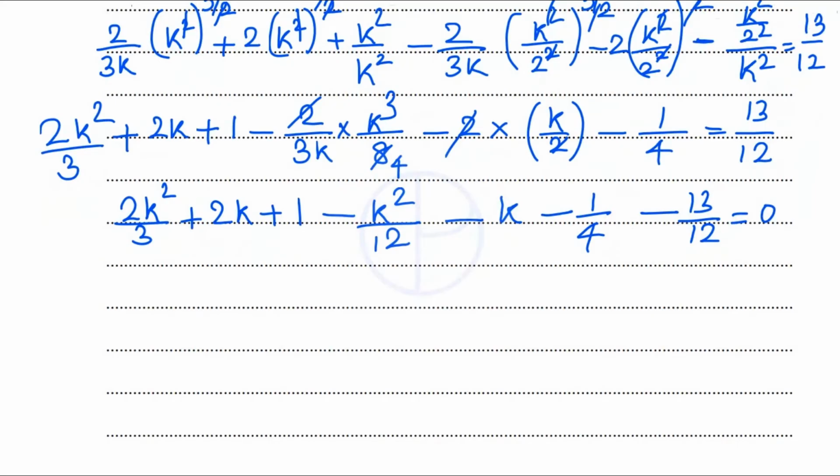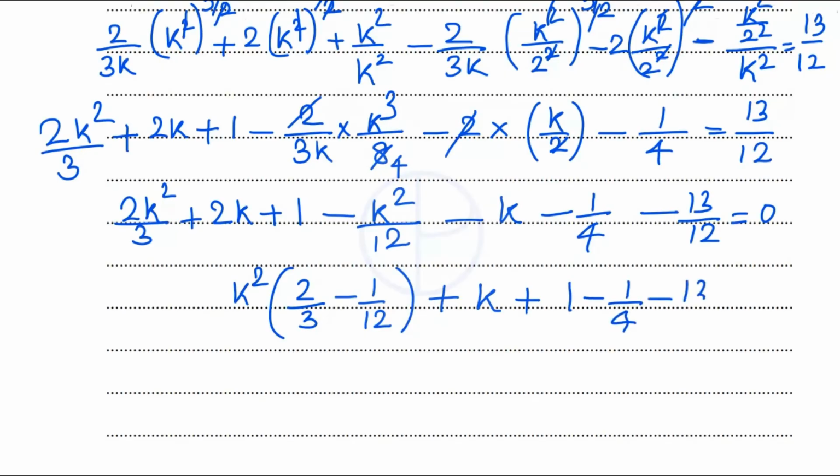Now combine the k square term, 2 over 3 minus 1 over 12, and the k terms 2k minus k, so it will be plus k. Then the numbers 1 minus 1 over 4 minus 13 over 12 equal to 0.